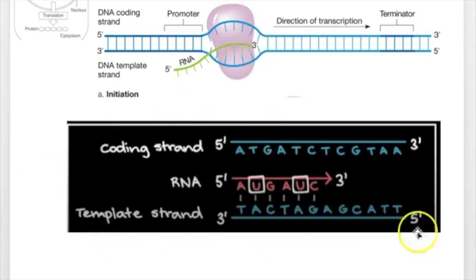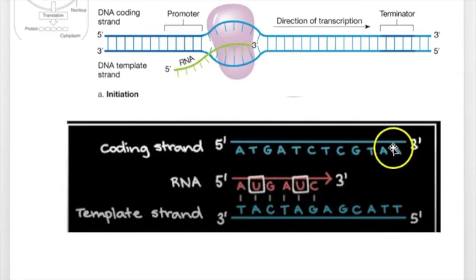So let's add bases to our strand. So if this top strand, this is our imaginary sequence, and this bottom strand, this is our imaginary sequence. So as RNA polymerase is adding bases, what it's creating is a strand that's almost identical to the other strand of DNA.